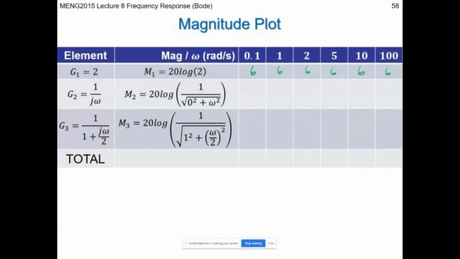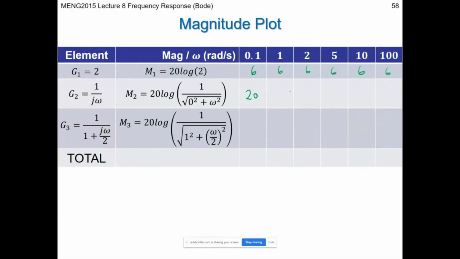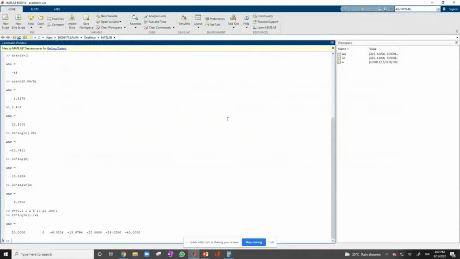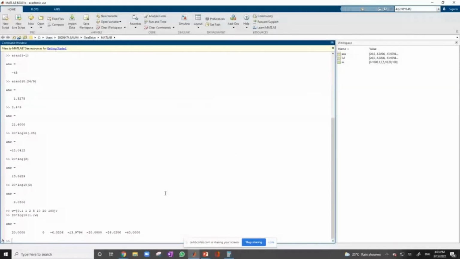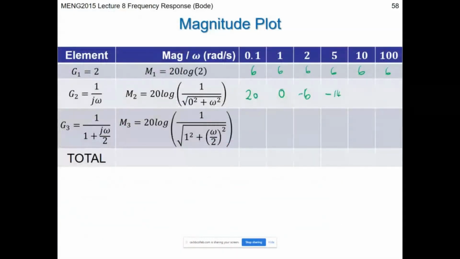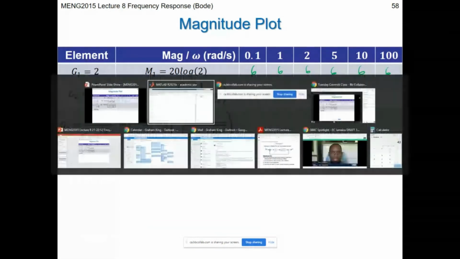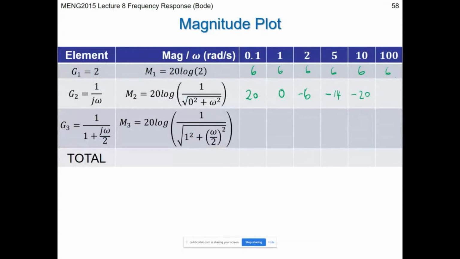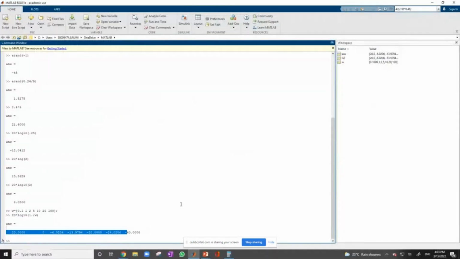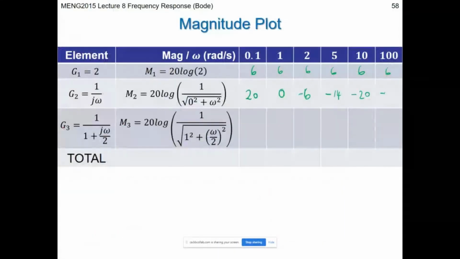At 1, we're going to be at 0. At 2, it's minus 6. At 5, we're at minus 14. At 10, it's minus 20. And at 100, we're at minus 40. So we've got our magnitude for that.